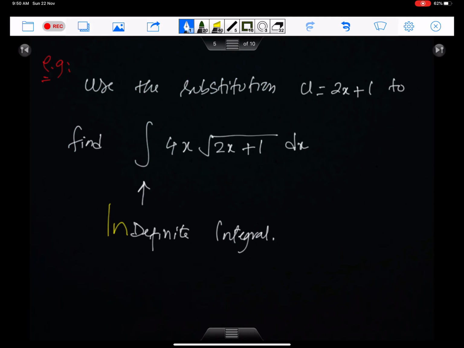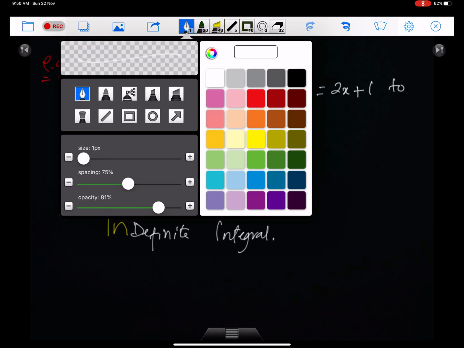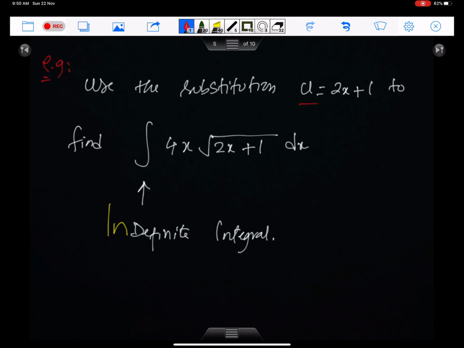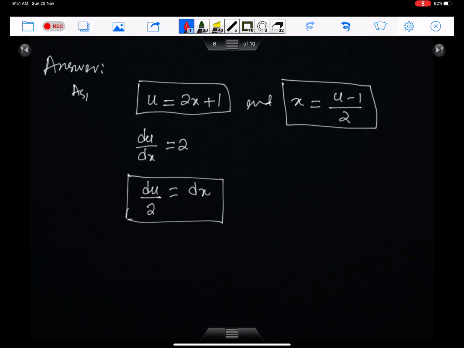Now use the substitution u is equal to 2x plus 1 to find this integral. Well, this is an example of an indefinite integral. Therefore, the two steps are the same.